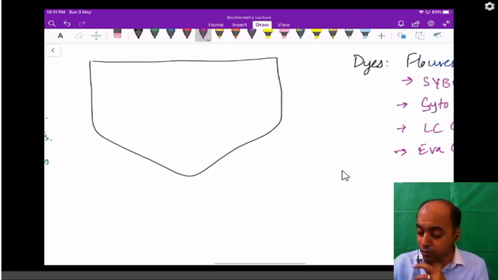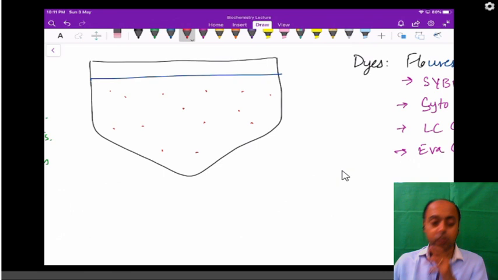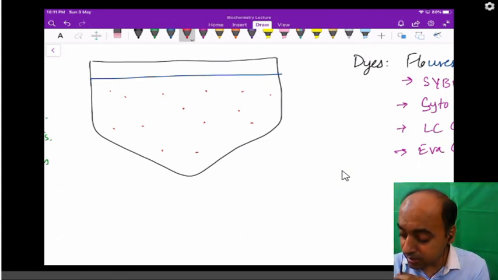So what we do, we put some of these dyes in the substrate mixture. Normally they are not going to give any significant fluorescence. We have a sensor here.